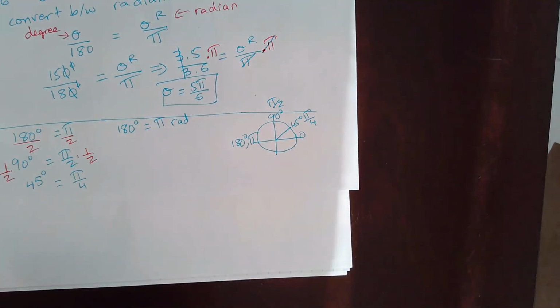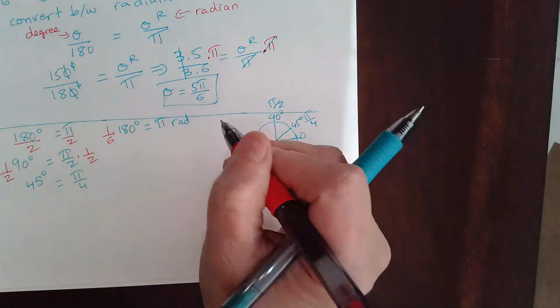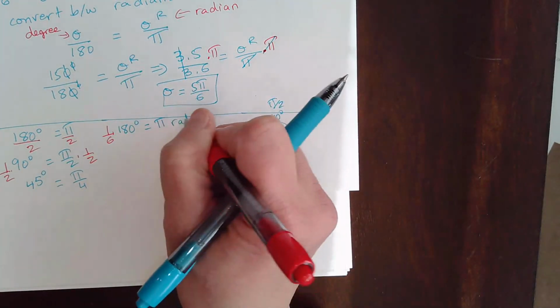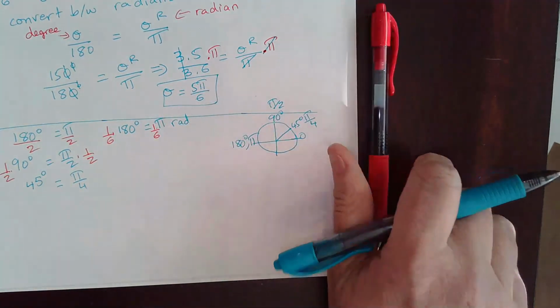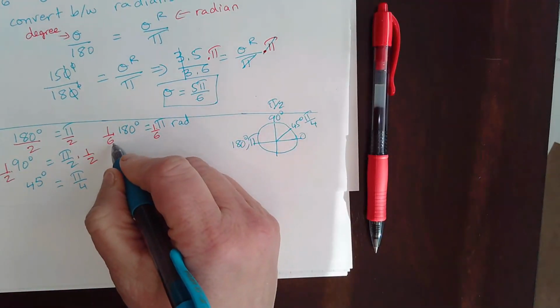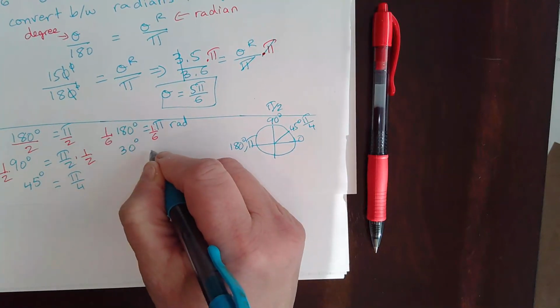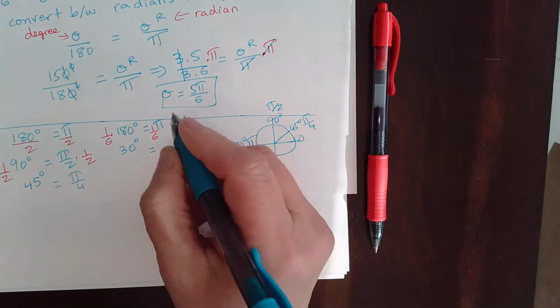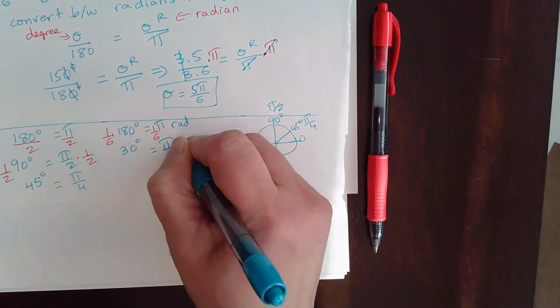Well, if I multiply this by 1 over 6, or divide by 6, 180 divided by 6 gives me 30 degrees, and that's going to be 1 pi over 6, or simply pi over 6 radian.